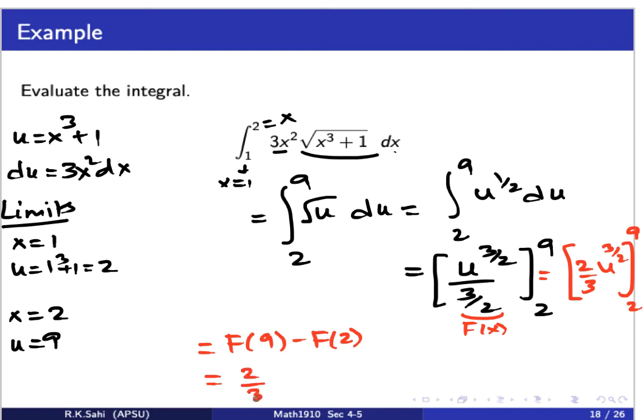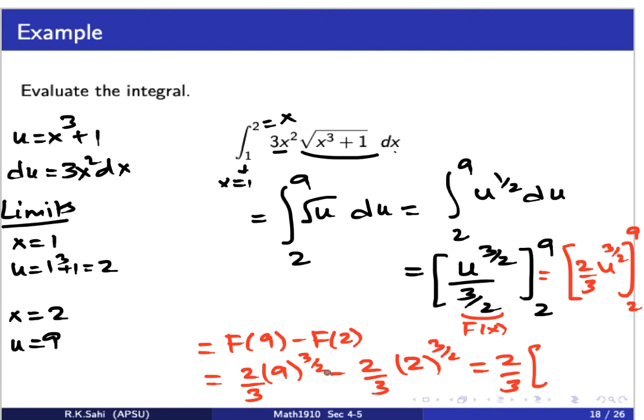It's 2/3 times 9 to the 3/2, minus 2/3 times 2 to the 3/2. Now I can write this as 2/3 common here.